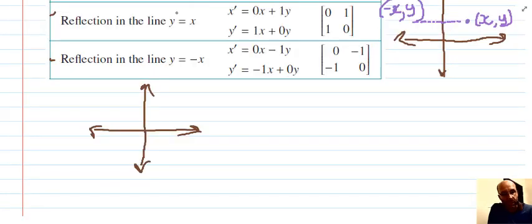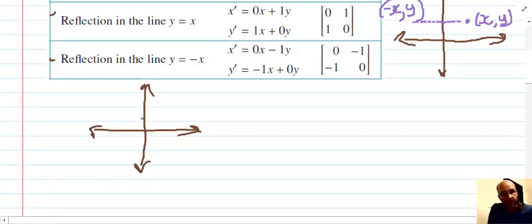So for the diagonals, the line y equals x, for example, if we put that in, now it's essentially at 45 degrees to either axis. And if we have some nominal point x, y, again, just like previously, we need to remember there are right angles.